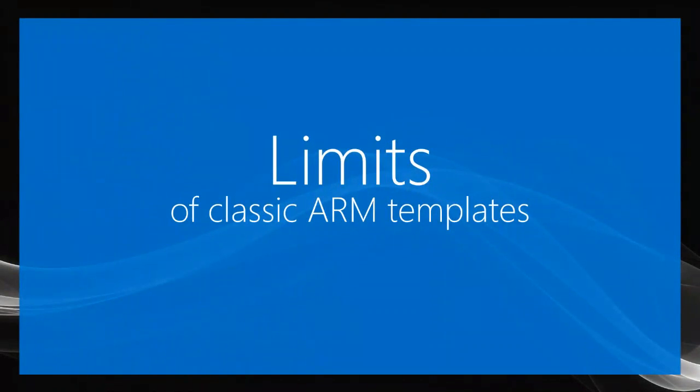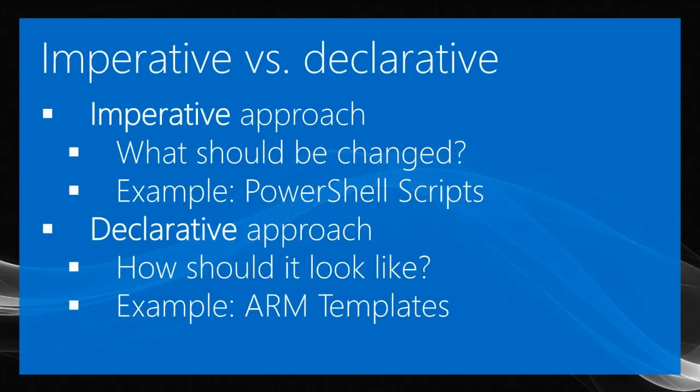All right, so what are the limits of classic ARM templates? Before we actually dive into the limits, I want to quickly recap something I already shared in one of the very first live streams. If we talk about infrastructure as code, there's in general two different approaches. We know the so-called imperative approach and the declarative approach. And what's the difference?